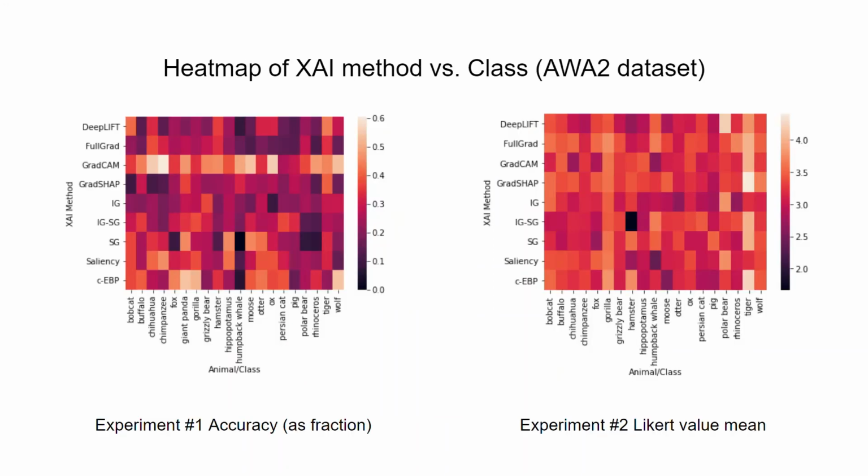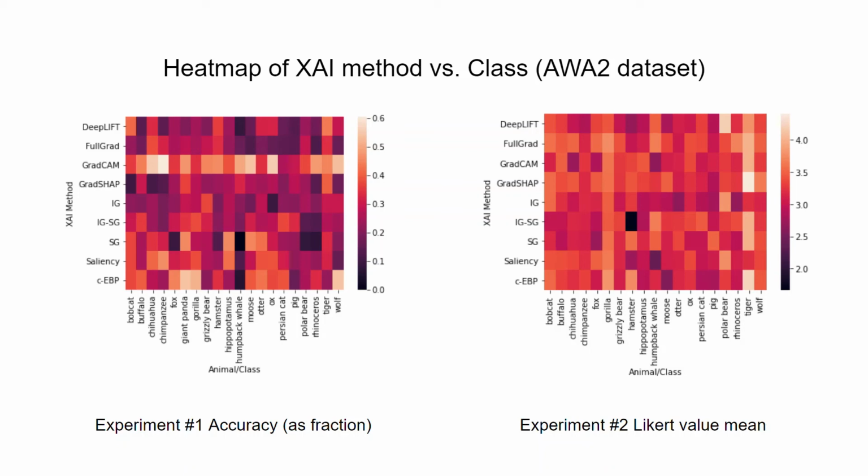The pictures show the heat map of the mean accuracies in experiment 1 for the methods against each class on the left. We want to bring attention to the fact that some classes exhibit better accuracy overall, indicated by a lighter tone in their column relative to other classes, like giant panda, gorilla, and tiger. The opposite can be seen in the cases of humpback whale, polar bear, rhinoceros, and bear, which have relatively darker columns.